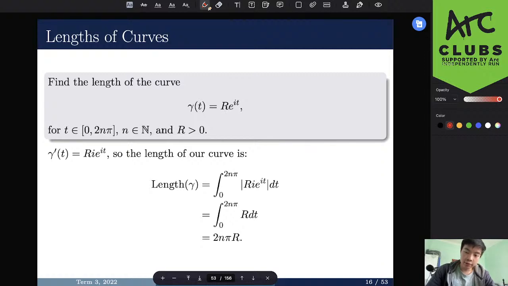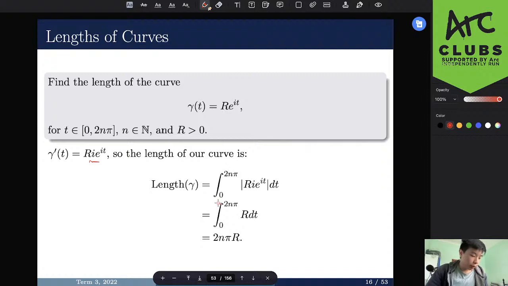So the derivative actually functions the same as a normal derivative. We treat i as a constant, so we have i chucked down here as a coefficient, and so gamma dash t is going to be equal to ri e to the it. Then of course we want to sub it into our length formula.